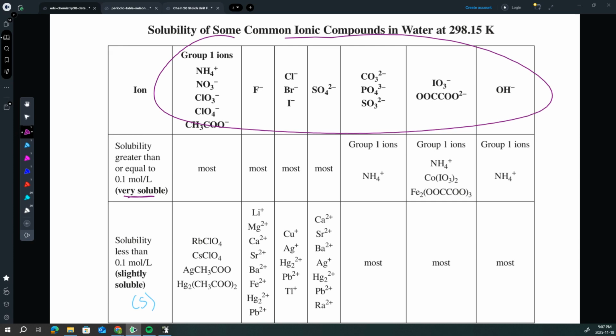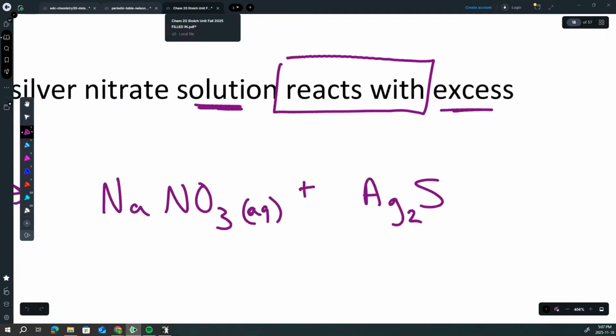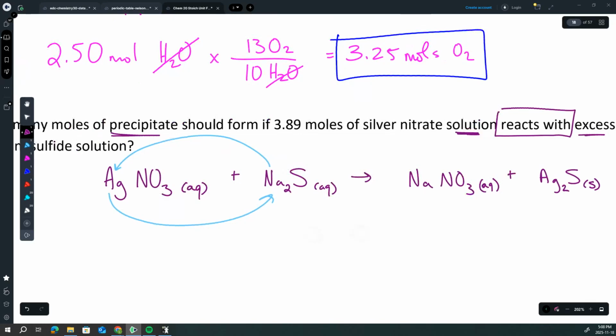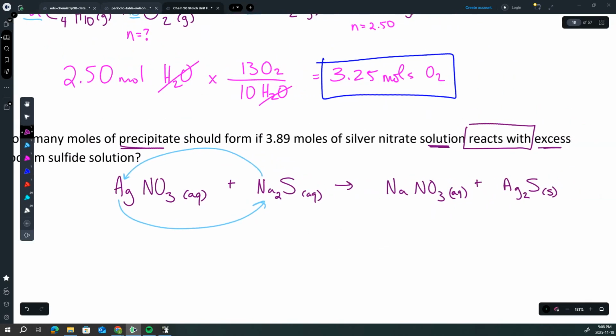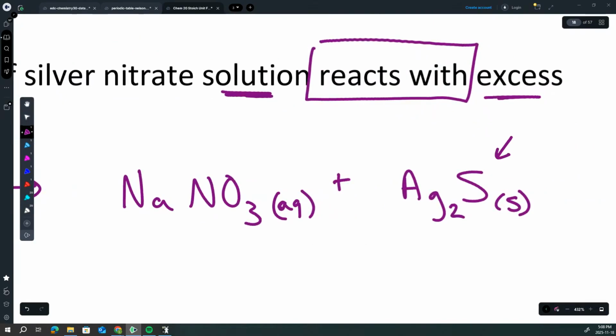So what we do when we can't find a compound on our solubility table, if it's an ionic compound, you are going to assume that it is solid. Okay? So silver sulfide is an ionic compound. We're assuming it's solid. Okay, so back to talking about precipitate. Because this is our solid product, this is our precipitate.